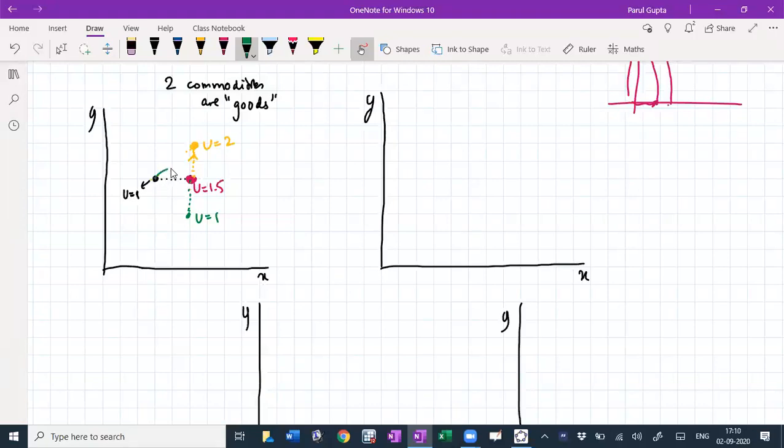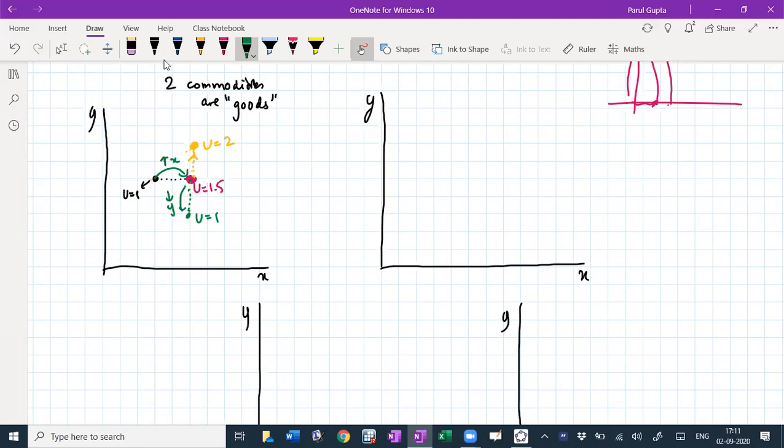What am I doing here? When I moved from here to here, I gave you more X, so that made you happier. But from this point to this point, I reduced Y, which made you less happy. If I remove enough Y from your bundle after giving you a little more of X, you will reach some point where your utility will be exactly equal to 1.